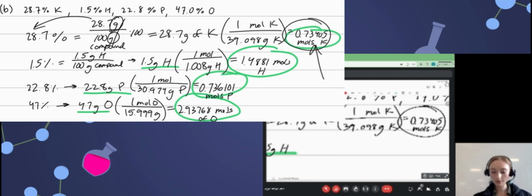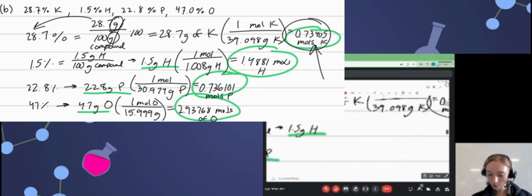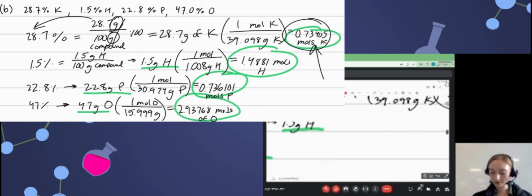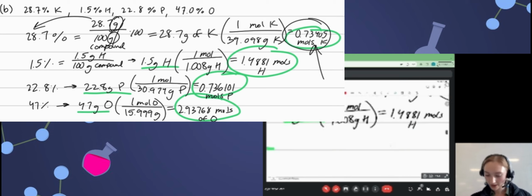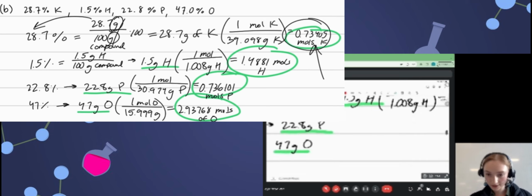So now that we're working with moles of potassium, we have to do the same for the rest of the atoms that we have. So we have 1.5 grams of hydrogen, and using the molar mass ratio, we have 1.008 grams of hydrogen for every 1 mole. And so then we'll have 1.4881 moles of hydrogen. Now that we have moles of hydrogen, let's do the rest. We have 22.8 grams of phosphorus, so that's 30.974 grams of phosphorus for every 1 mole. And again, these are just the molar masses from the periodic table.